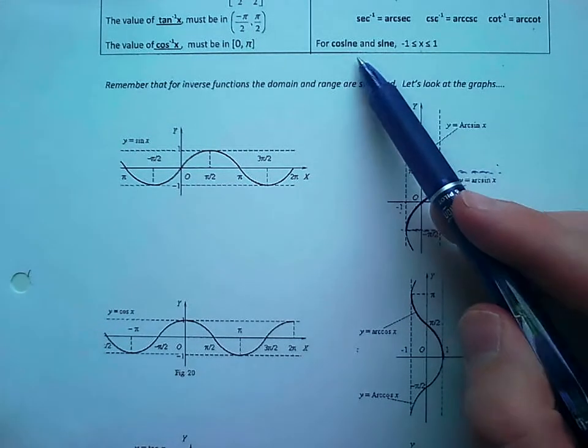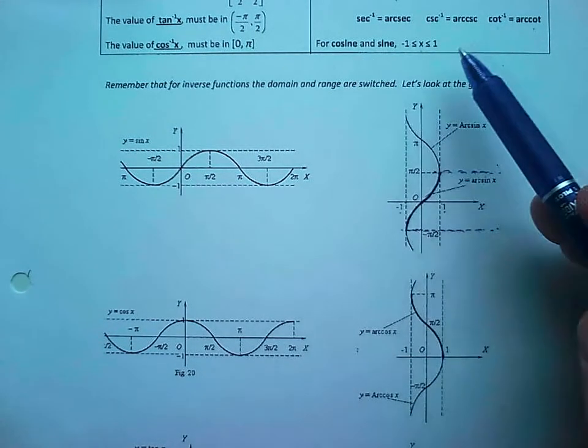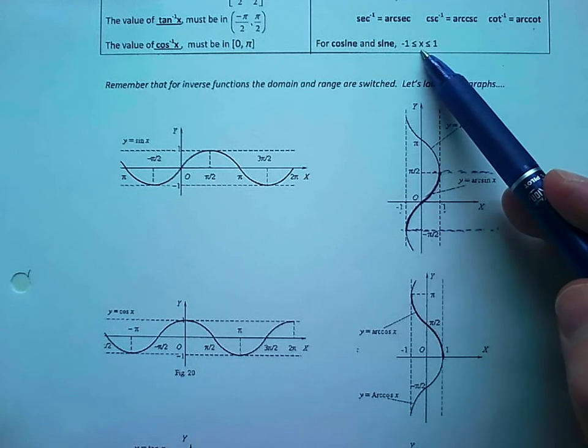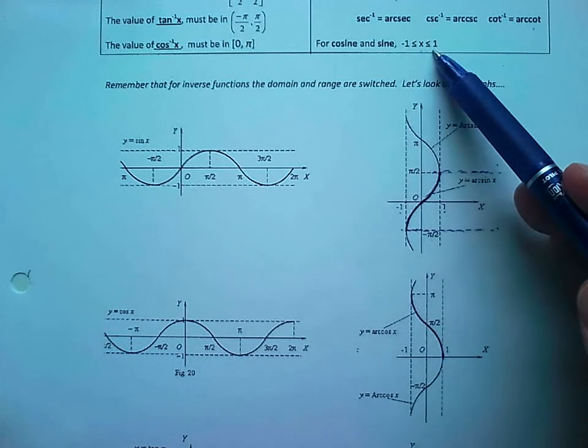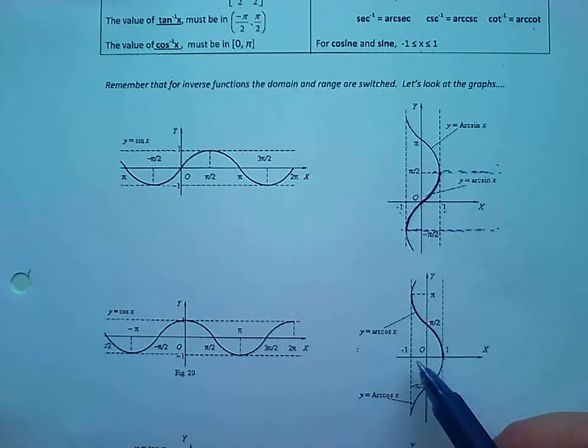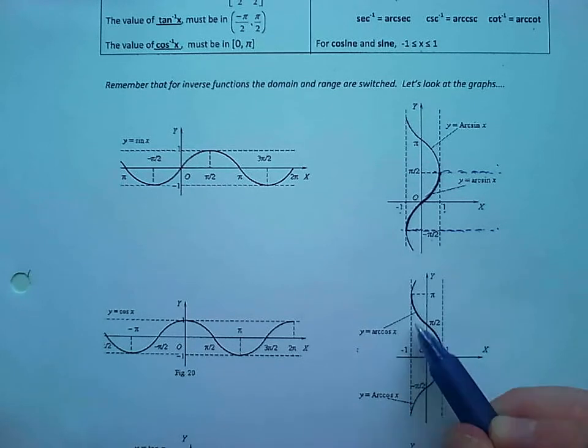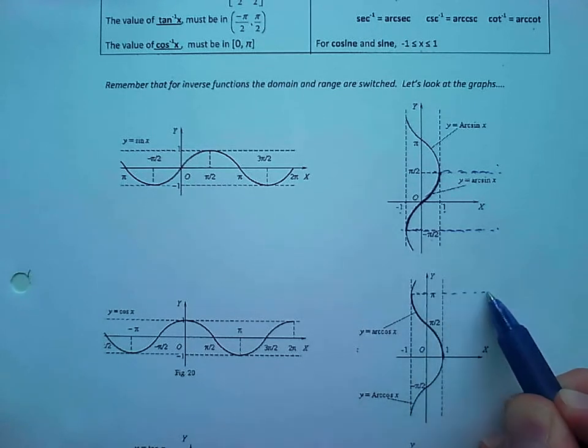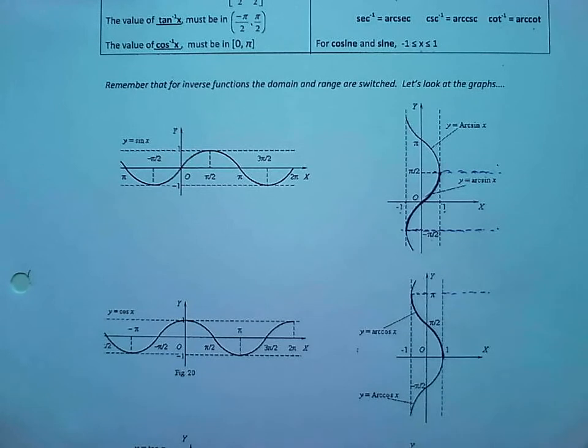So for the cosine, we're going to restrict the values that we can plug in for x to go from -1 to 1. When we plug in -1 for x, we're up here at pi, and when we plug in +1 for x, now we're going to be down here.